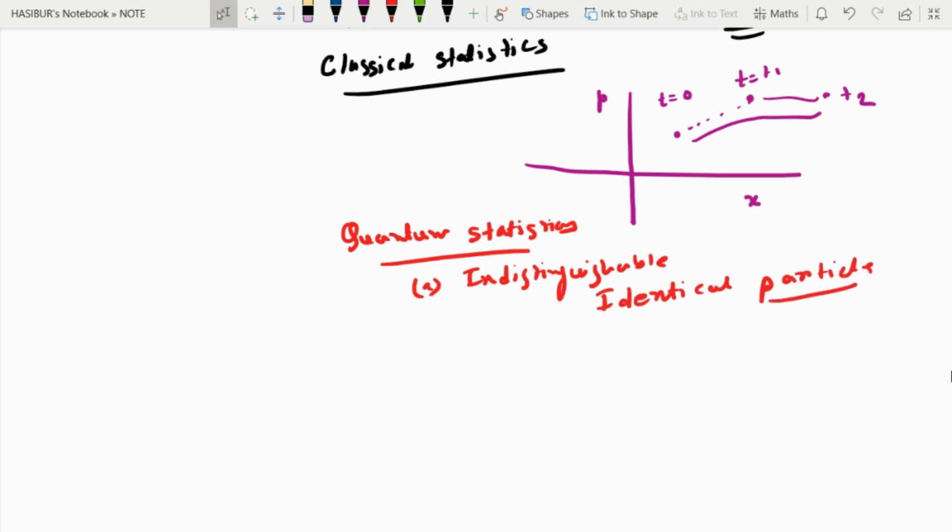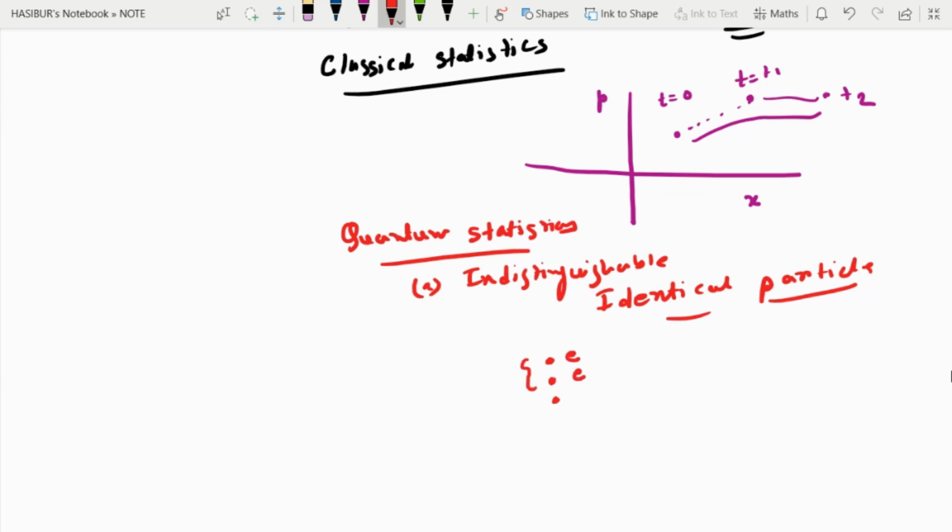So why are they identical? The particles have the same mass, same charge, same spin. Like take two electrons. Also they are indistinguishable.